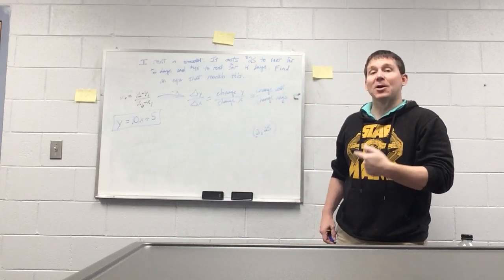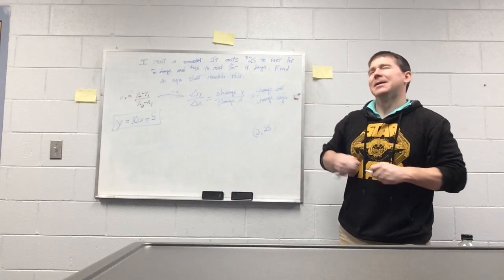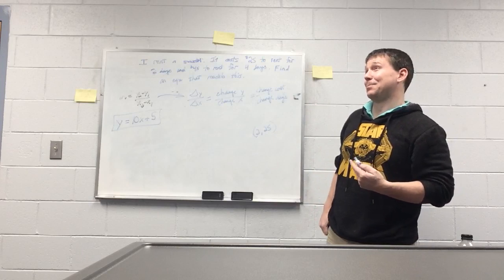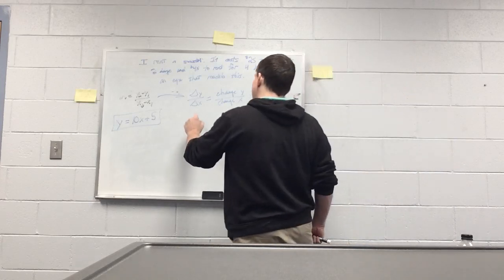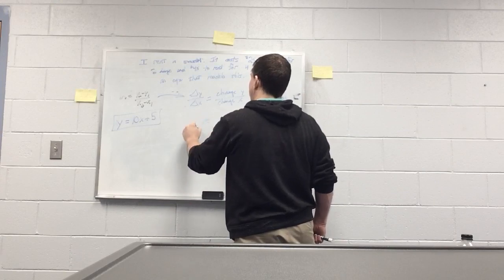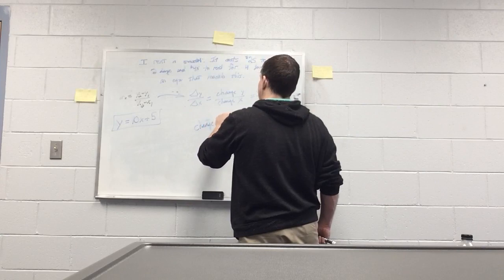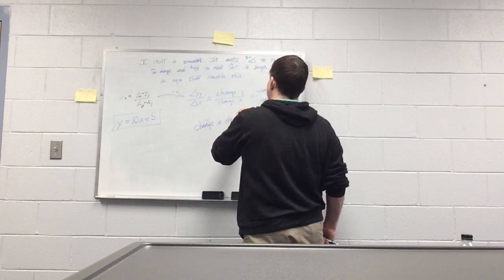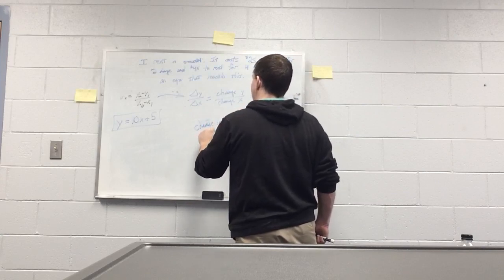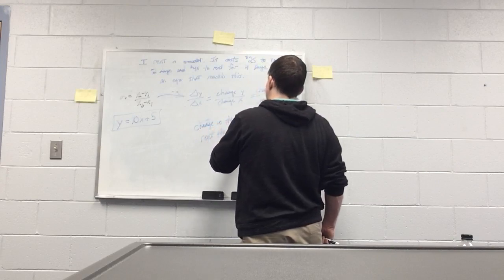And there's my slope. It's the change in the cost over the change in days. If I put that in better sounding English now, that means the change in the cost to rent the scooter each day.